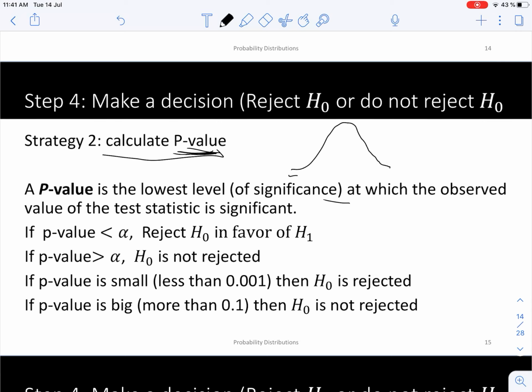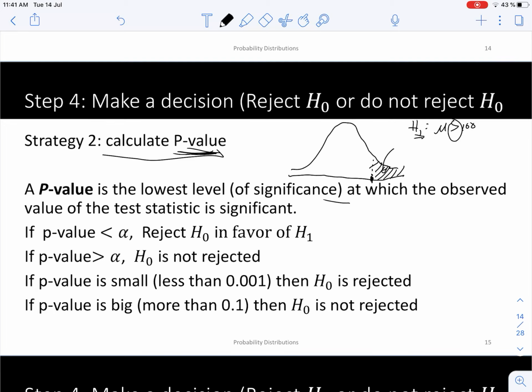So this is our probability sampling distribution. Then imagine that we have an alternative hypothesis that says something like mu greater than 100, for example. Since the alternative hypothesis is greater than, the rejection area goes to the right.